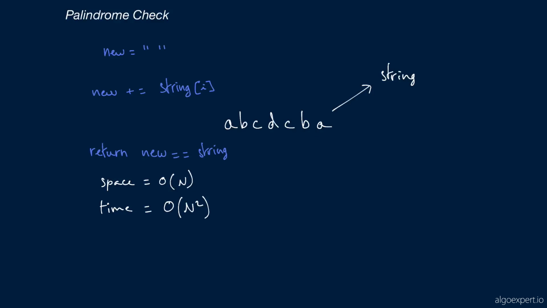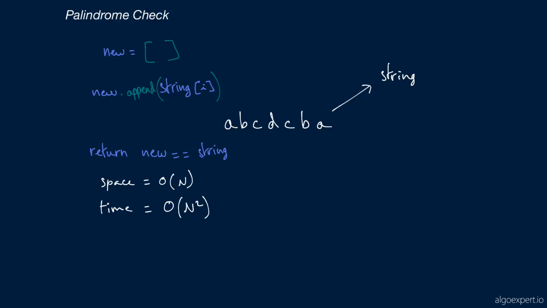So here we can say, okay, instead of initializing new to an empty string, we initialize it to an empty array, an empty list. And when we do our iteration backwards through the string, instead of saying new plus or equal to string of I, we'll say new dot append or dot push or whatever the method is in your language of choice, string of I. And so we keep pushing these letters into the array.